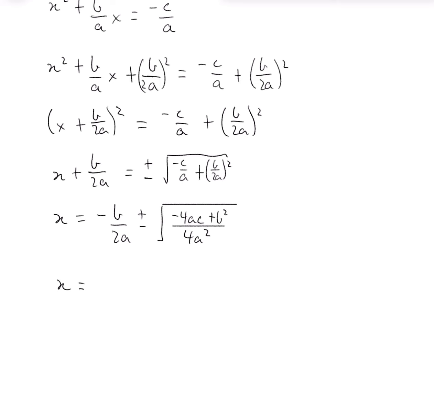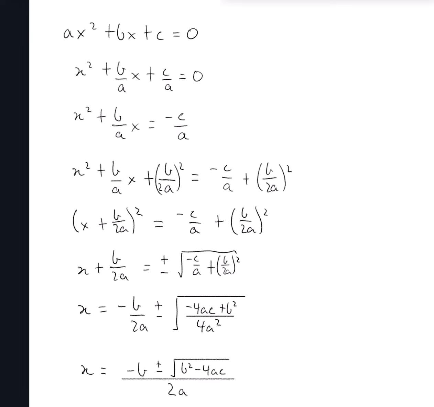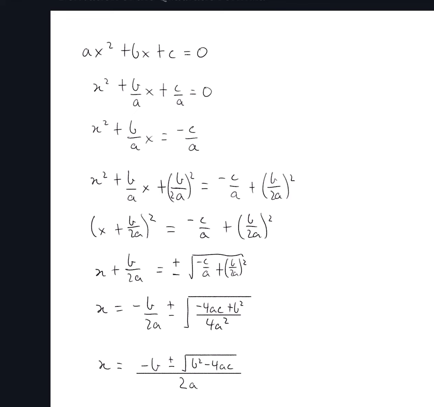So if that goes to 2a, then our entire denominator is 2a, and we could put this negative b over there, take the plus and minus, and I'm just going to rewrite the negative 4ac plus b squared in the reverse order. And there you have it. That's your quadratic formula.